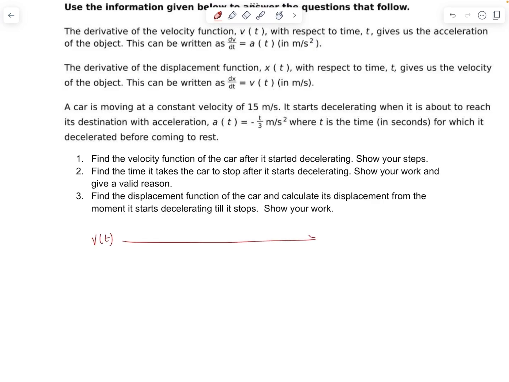If we differentiate this with respect to time, we get dv by dt, which is nothing but the acceleration function. Since differentiation and integration are reverse processes, if we integrate this a of t with respect to time, we get back the velocity function.